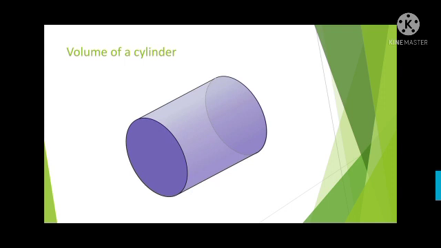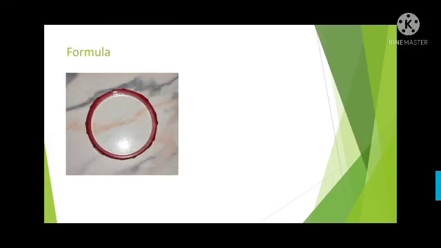and in the last class we derived the formula of a cuboid, and in that we saw that if we stack up rectangles one above the other which are of same size, then we get a cuboid. In similar way, here there is a circle.